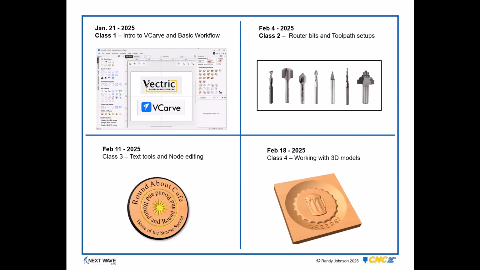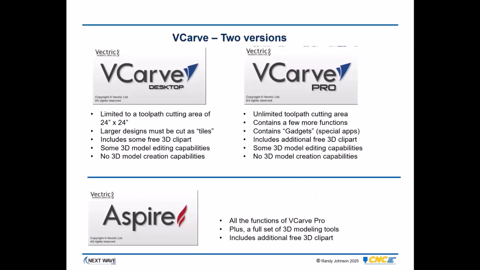One of the questions that often comes up, that came up in the list for this class also, is what's the difference between the different softwares that Vectric offers? Starting with VCarve and VCarve Pro, probably the primary thing to think about is that VCarve Desktop is limited to a cutting toolpath file of 24 by 24.